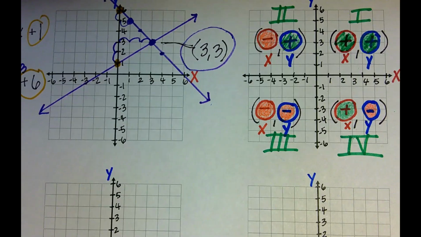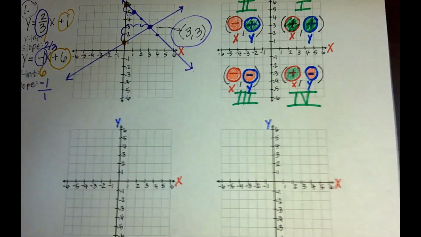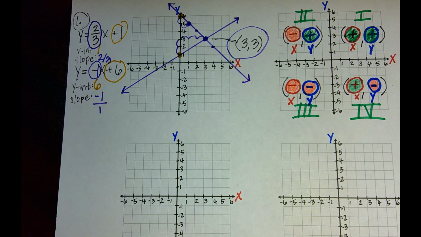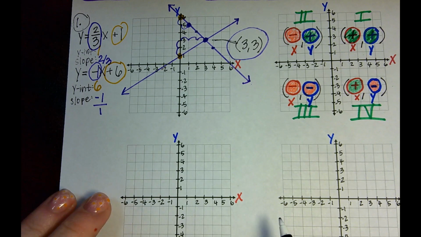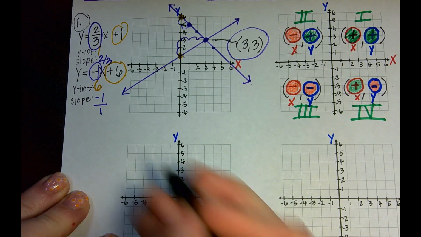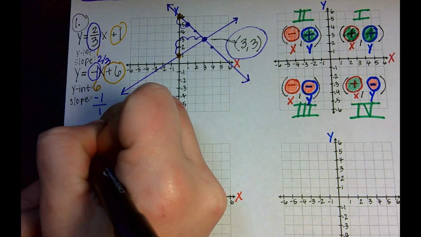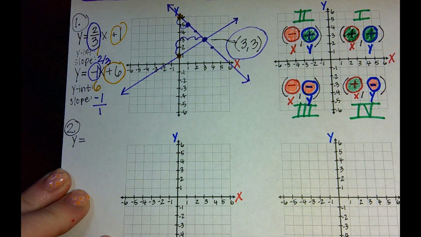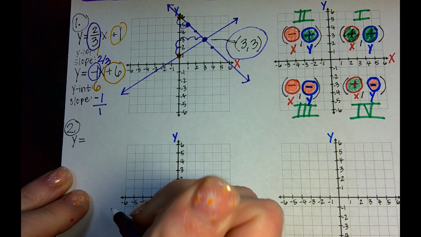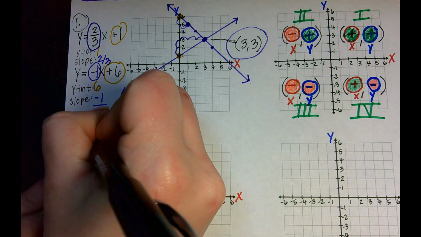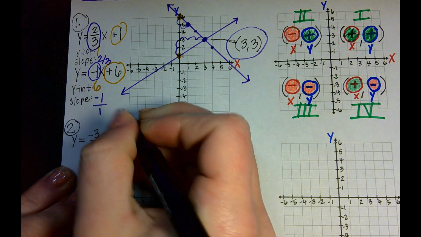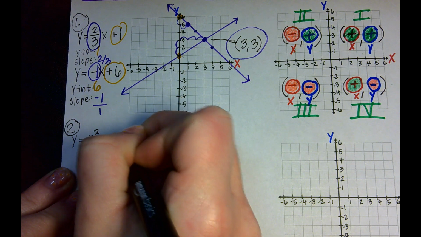So I am going to zoom out a little so that y'all can still see that if you're still writing it. And I'm going to give you another system of equations that we're going to graph. Let's do y equals negative 3 over 4x plus 2.